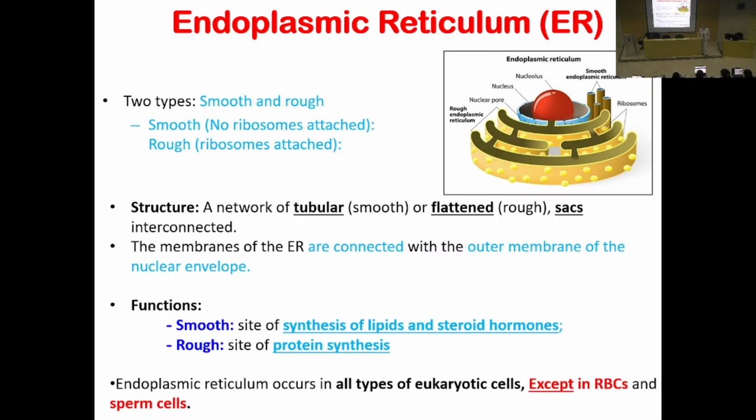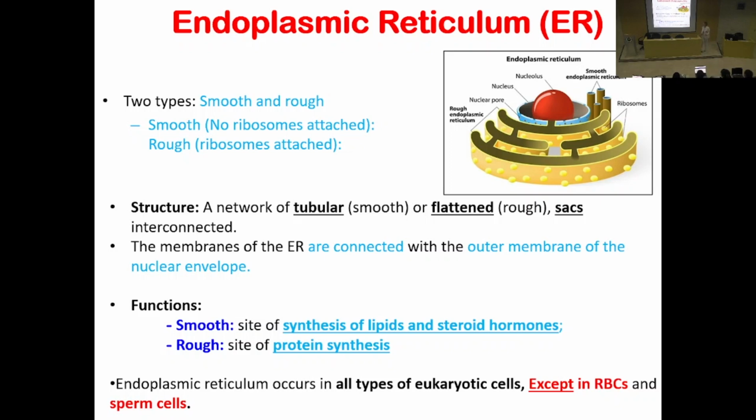And for the smooth endoplasmic reticulum, the function is synthesis of fats, synthesis of lipids, synthesis of steroid hormones. Okay, so smooth is for lipids, rough is for protein. So this is the difference. There is a difference in structure, which leads to a difference in function as well.